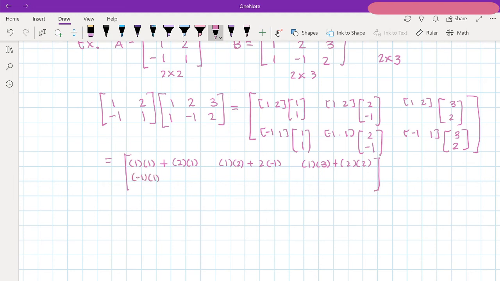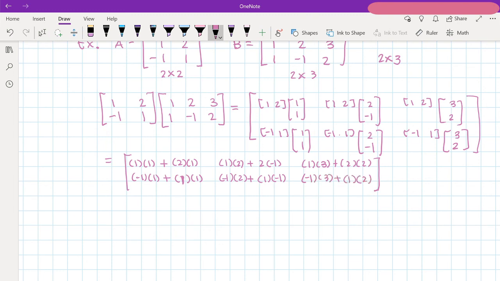It's a little tedious writing each step out, but as you get more comfortable and have more practice, it'll become easier and you won't have to write out each individual step. You can just do the dot product in your head once you get a little bit more practice.